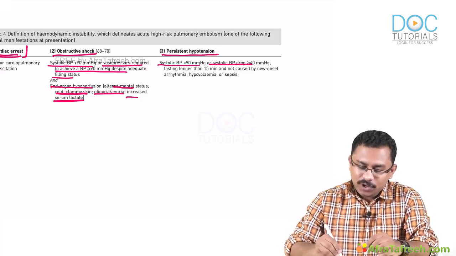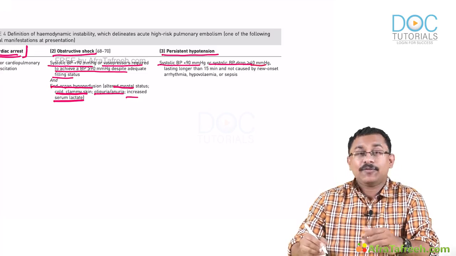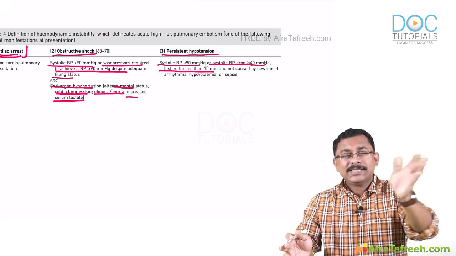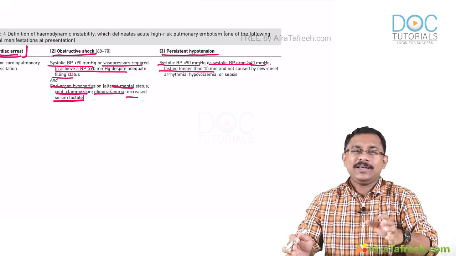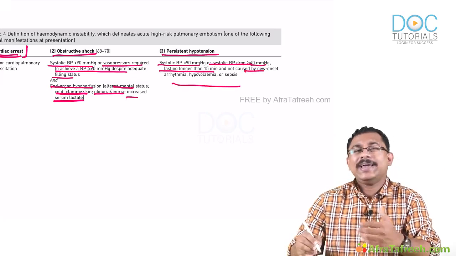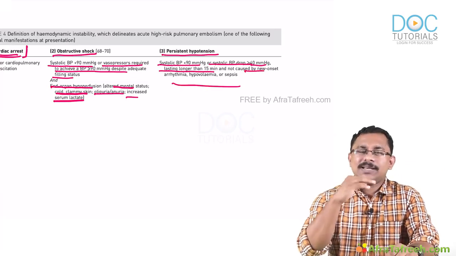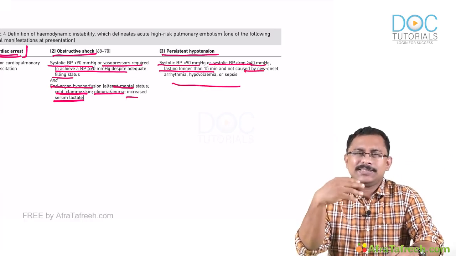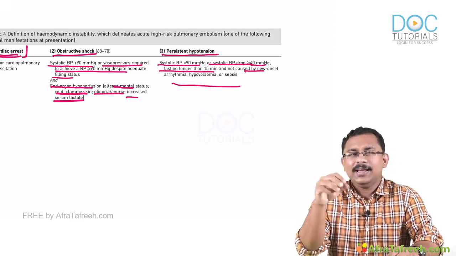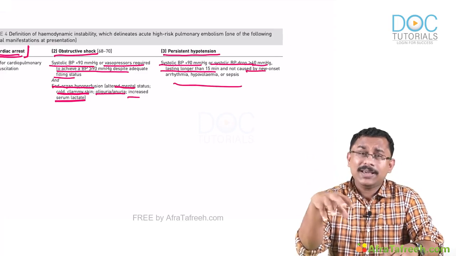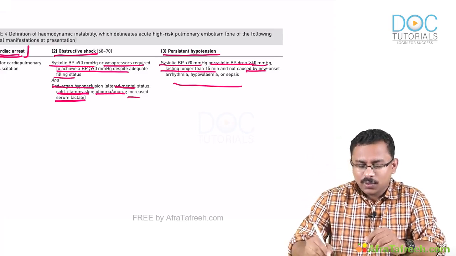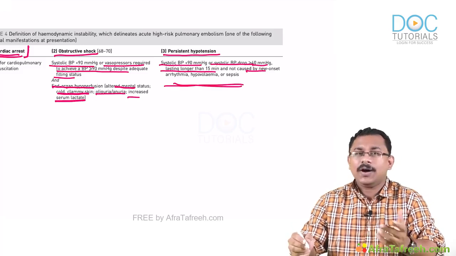So if he has had a systolic BP drop of more than 40 millimeter mercury, lasting for more than 15 minutes, which means persistent hypotension, okay, he's having that low BP for more than 15 minutes, and which is not caused by another condition. Suppose a patient presents with abrupt onset chest pain, breathlessness. If he is having an atrial fibrillation or a ventricular tachycardia, the problem of hemodynamic instability can be explained by that itself, so that you will not take. So you have got to exclude any other arrhythmia, hypovolemia or sepsis.